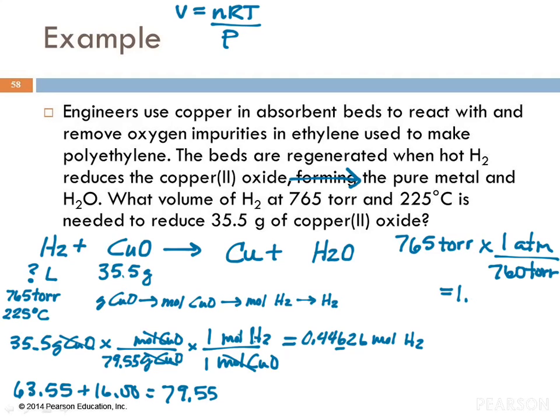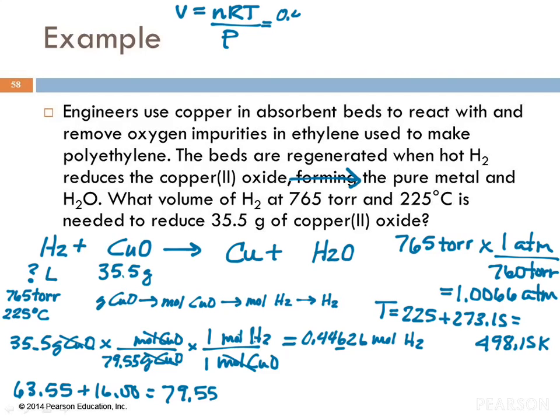So 1.0066 atmospheres. And the temperature is 225 plus 273.15, 498.15 kelvins. Okay, that's what we need. So then way up here, we've got our number of moles that we calculated from the reaction.